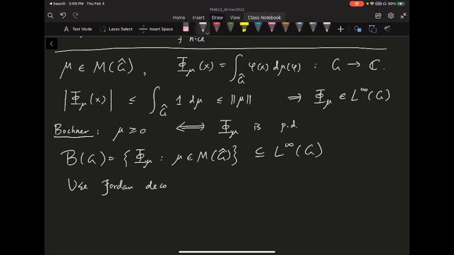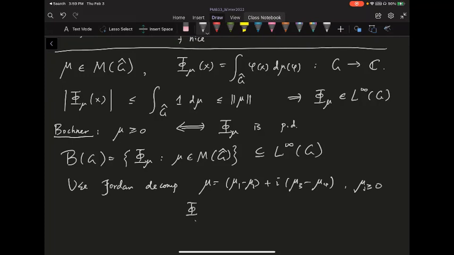You can decompose mu, which may be complex, as mu1 minus mu2 plus i times mu3 minus mu4, where each of these mu i is positive.